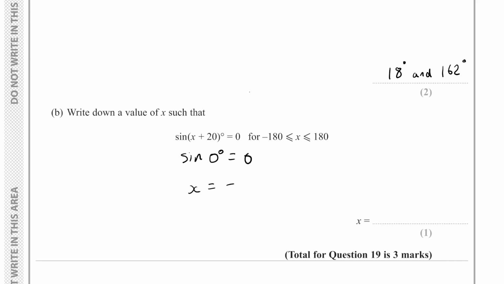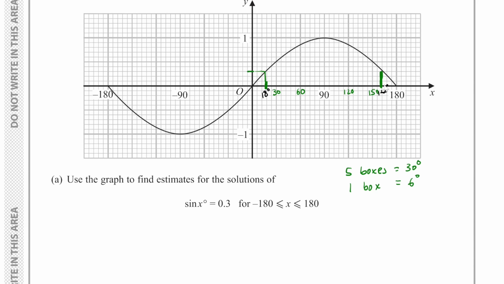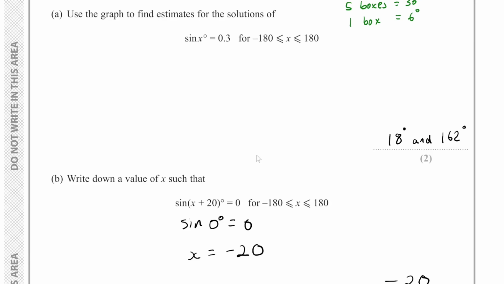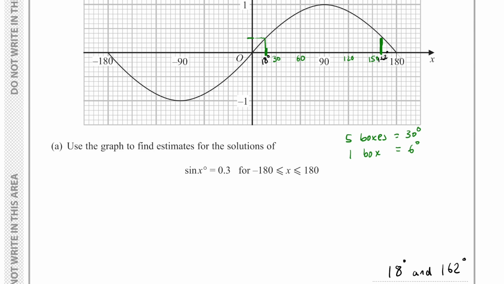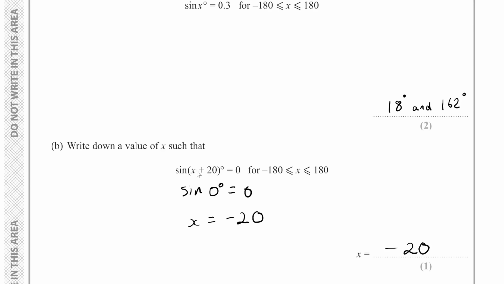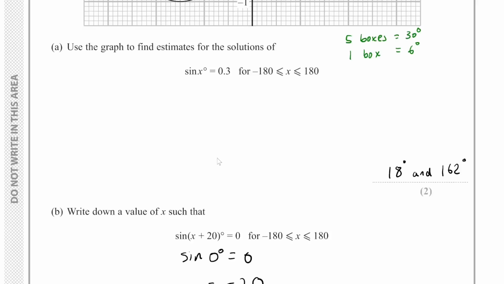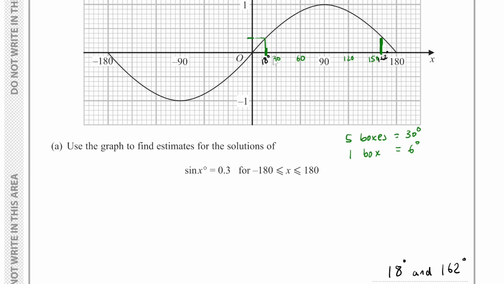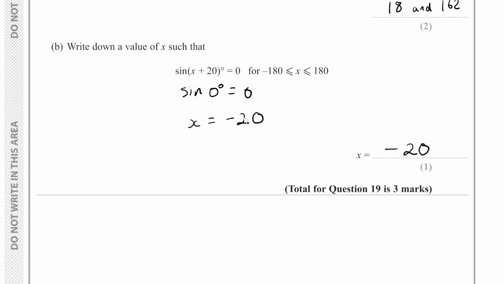So x would have to be negative 20, because negative 20 plus 20 equals 0. And we could have also had 160, because sine 180 is also equal to 0. So 160 plus 20 is 180, and sine 180 is also 0.